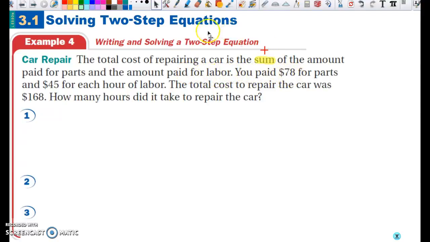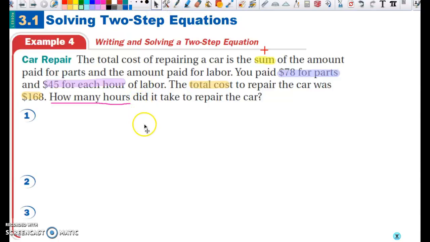You paid $78 for parts. And $45 for each hour of labor. The total cost to repair the car was $168. Now the question is, I'm going to underline the question, how many hours did it take to repair the car?